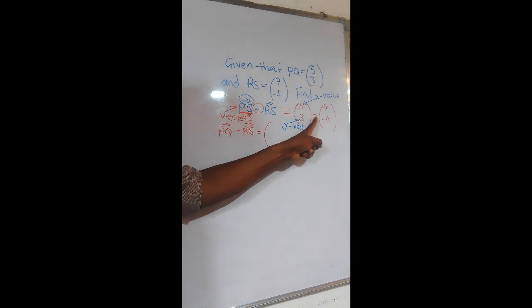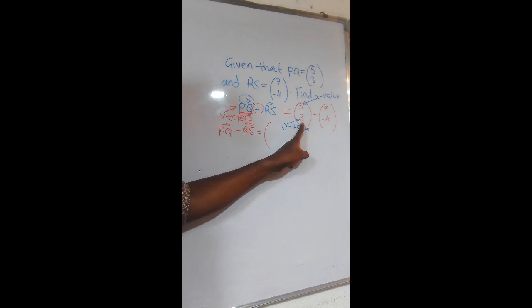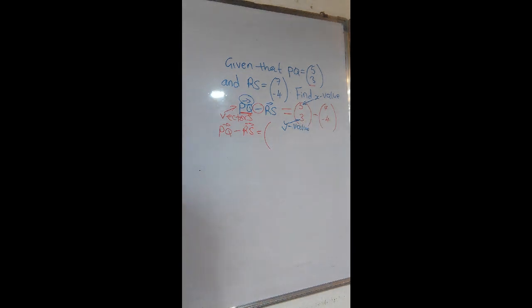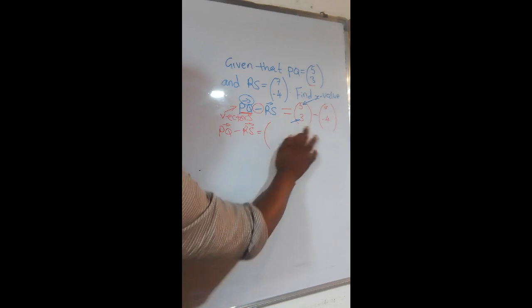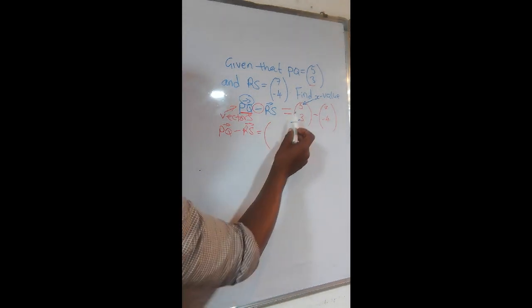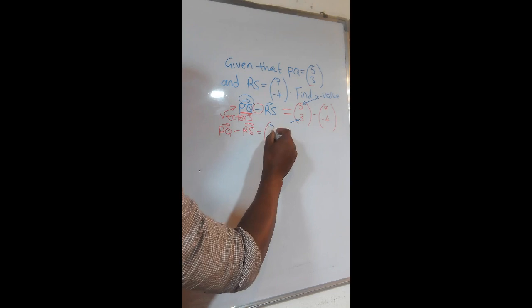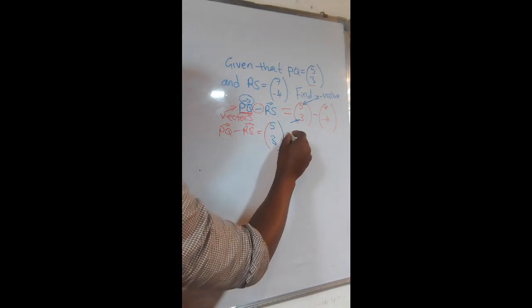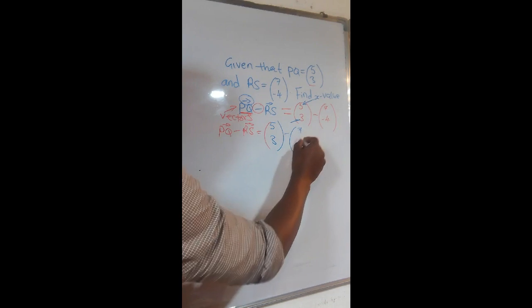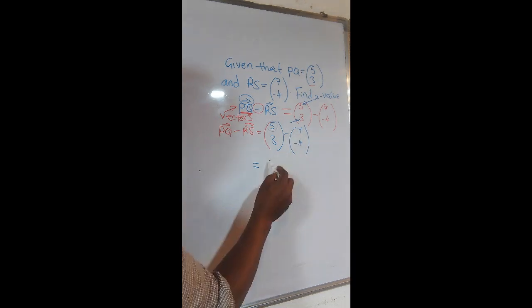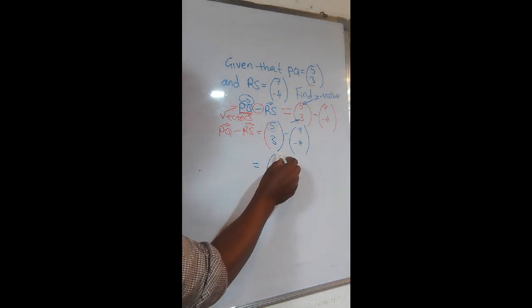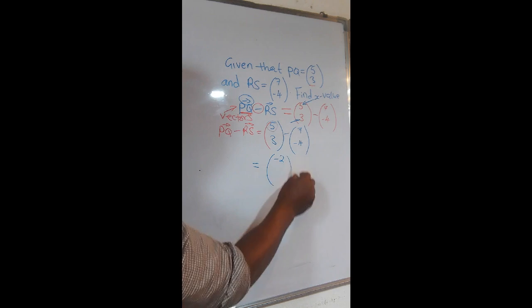So we are going to subtract the X value from the X value and the Y value from the Y value. So 5 minus 7 gives you negative 2.